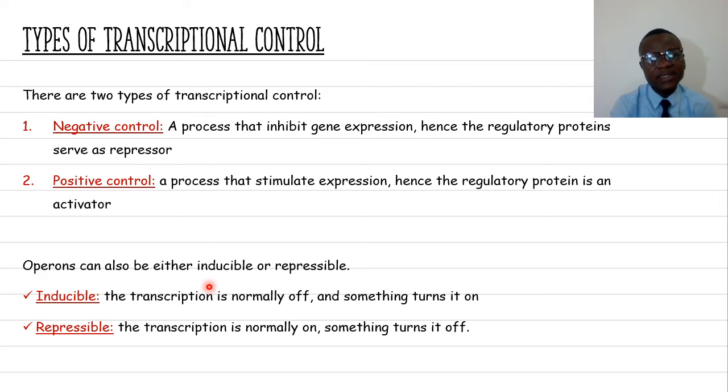So the next thing is operons can also be classified as inducible or repressible.